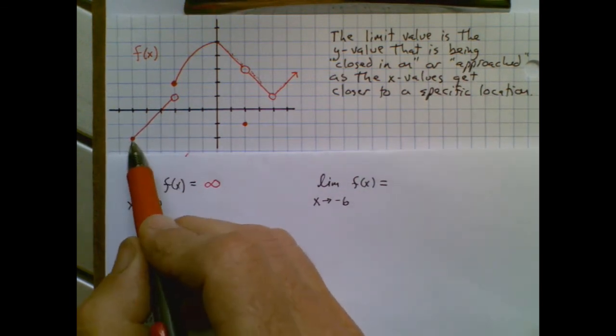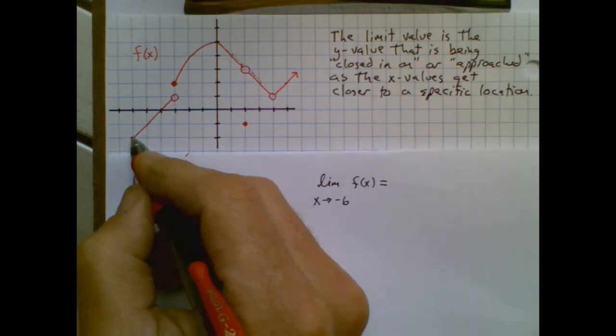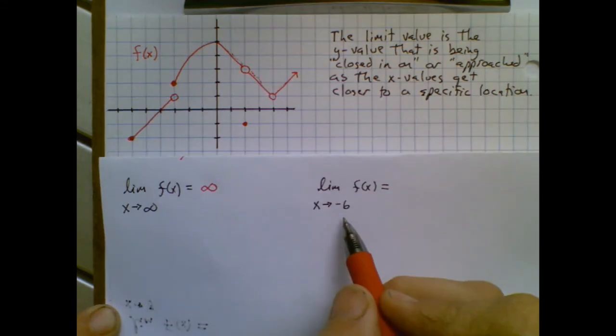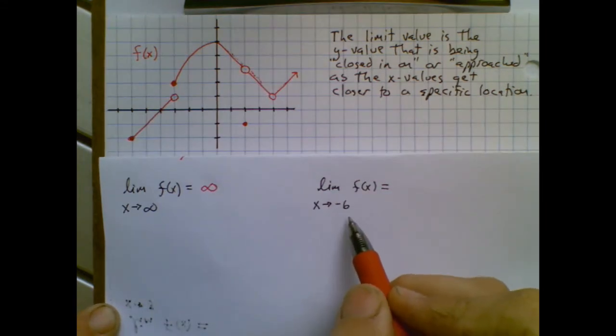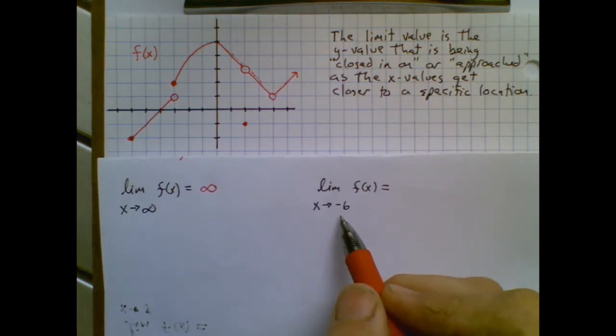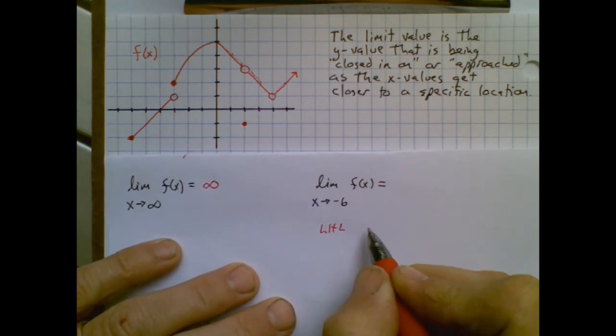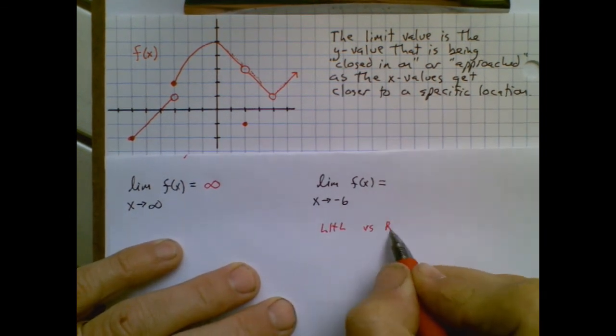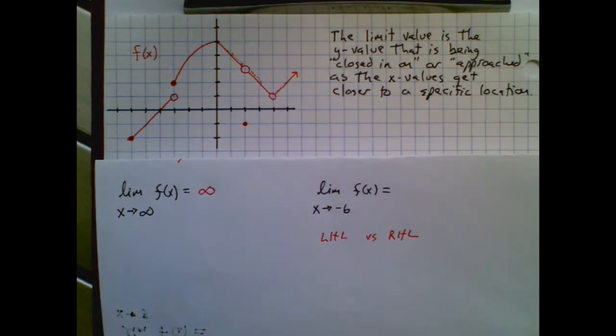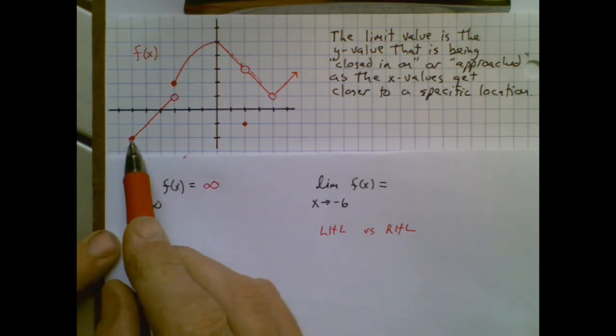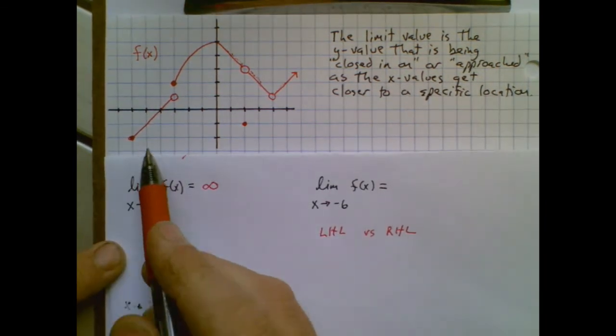Okay, so that's this. So now we have a problem here. We've been trained on this video to say anytime I look at a limit value, I need to evaluate the left-hand limit and compare it to the right-hand limit. But in this case, this is an endpoint. I do have a right-hand limit.